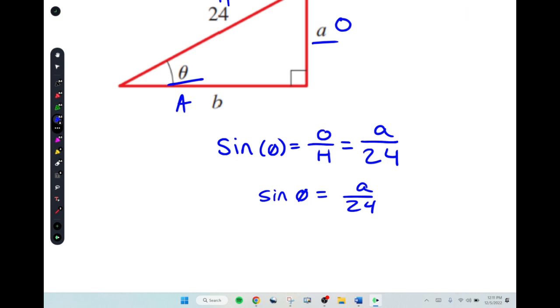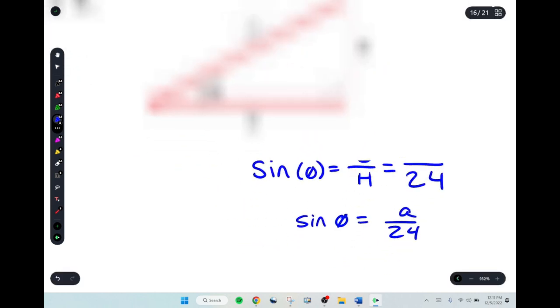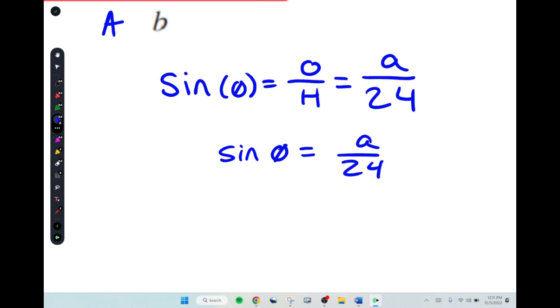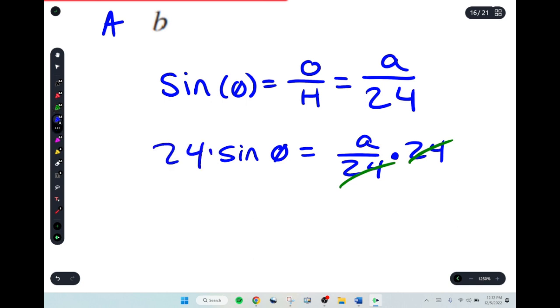Did it say it wanted theta in terms of A or A in terms of theta? I actually forgot. A in terms of theta? So you want A by itself, right? So how do you get A by itself? Not a trick question. And I think you're done.